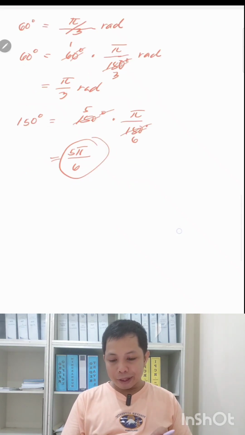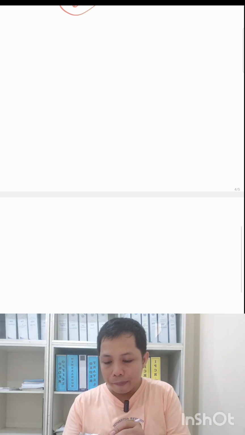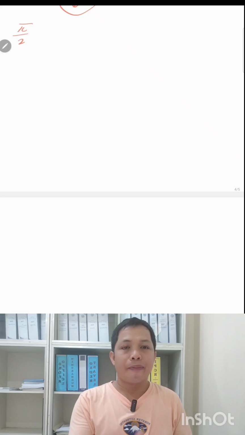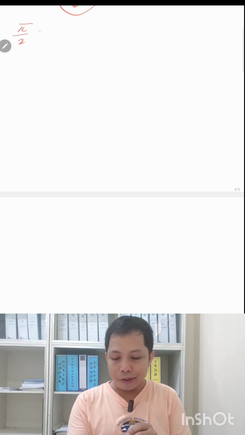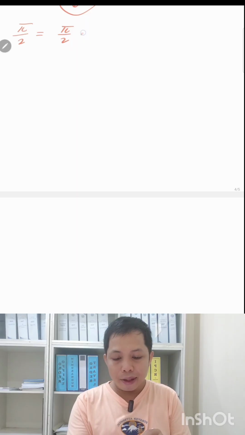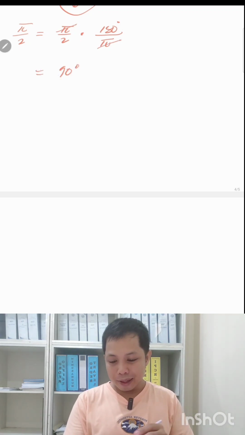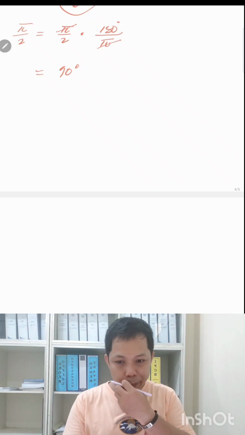Now, let us convert radian to degree measure. Example, what is pi over 2 radian in degree measure? This is pi over 2 times 180 degrees over pi. So cancel, cancel. What is 180 over 2? That is 90 degrees. Now, another example.